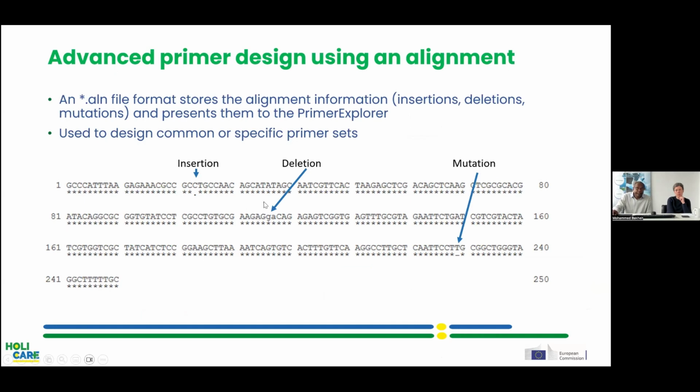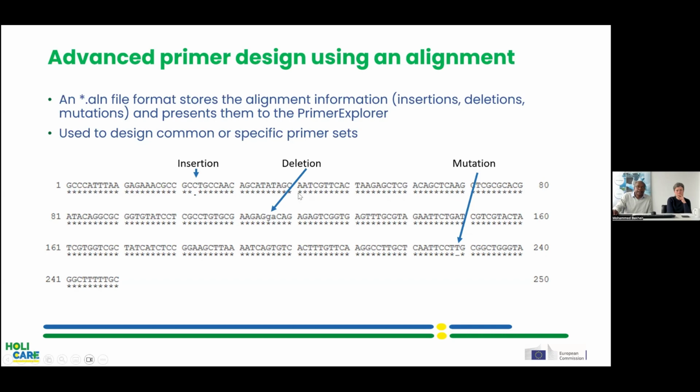The use of a sequence alignment file enables many other different design strategies. You can design specific primers for specific species of a genus. You can also design a common primer set. A sequence alignment file stores the information on sequence alignment, which contains many sequences, and presents this information to Primer Explorer.